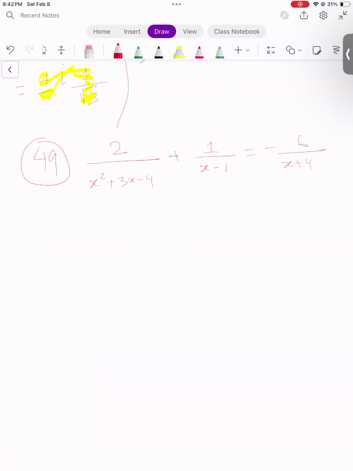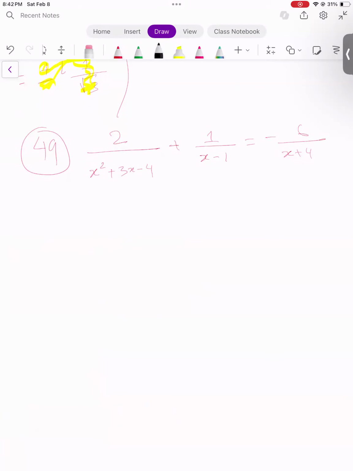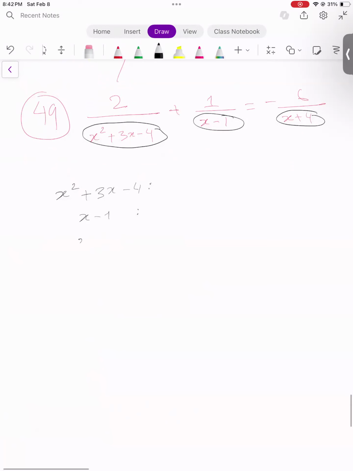In order to solve a rational equation, we have to find the common denominator. To find the common denominator, let's write down all the denominators together. So we have these three denominators: x squared plus 3x minus 4, this is 1. x minus 1, this is the next. x plus 4. So we have these three denominators.